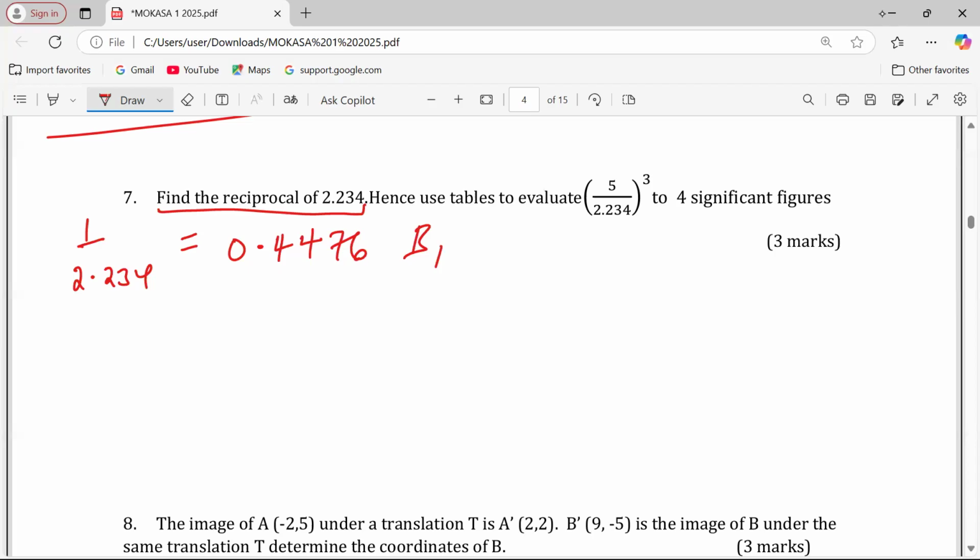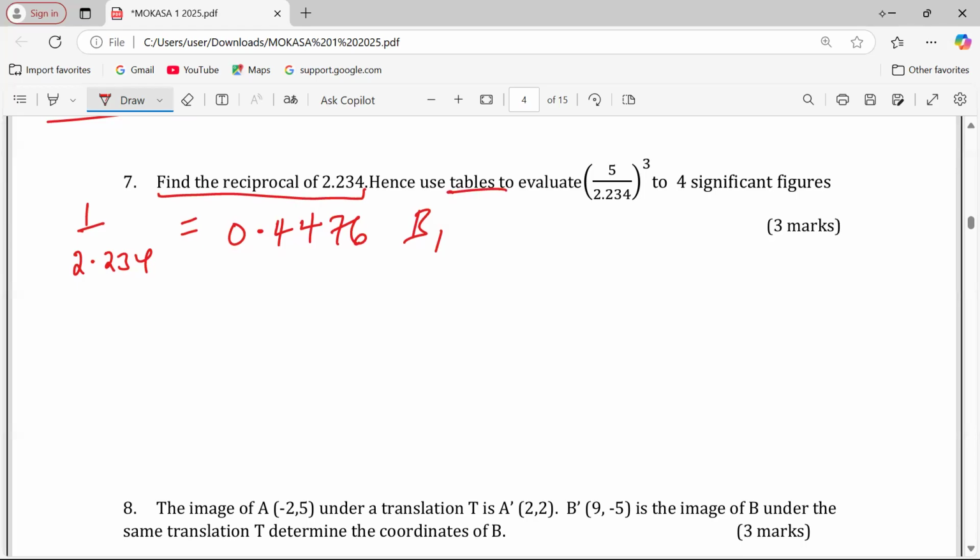Hence, use tables. Now, beyond there, we are instructed to use tables. So what are we solving? 5 over 2.234 raised to power 3. So we can first work out this division, whereby we need 5 multiplied by the reciprocal of 2.234. Then we are supposed to raise everything to power 3.